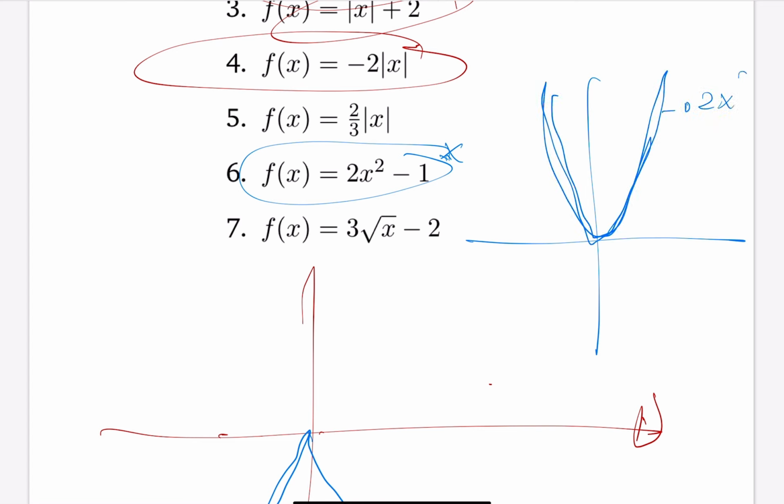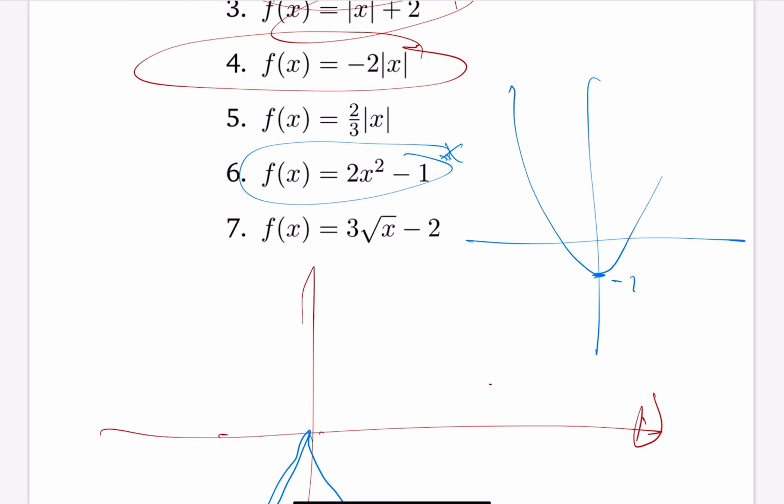You have 2x squared, okay? Now -1, it will go down by 1. So you have to go just down to -1. You have -1 here, you go down by 1 here, okay? And now you have 2x squared minus 1. Make sure you put the -1 here. And that's it, okay? Let me know if you have any question, please.